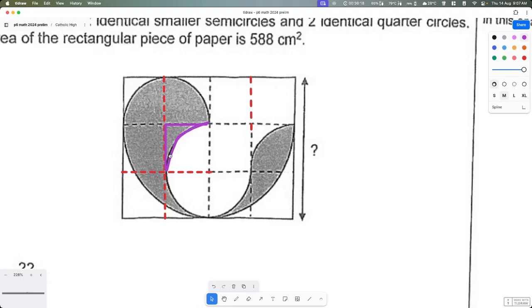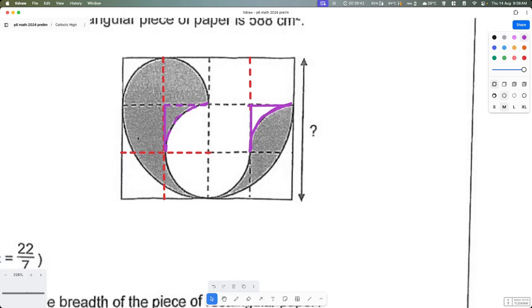This is also the same as this part. So what I'm going to do is copy this and paste it over here. This basically fills up this whole thing over here, so it's easier to see. That means this is basically no more.